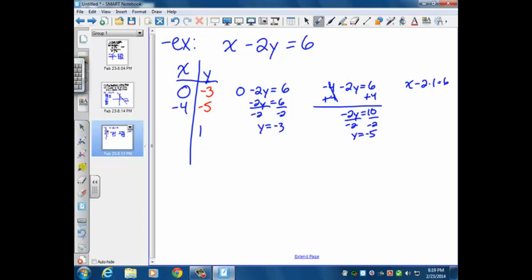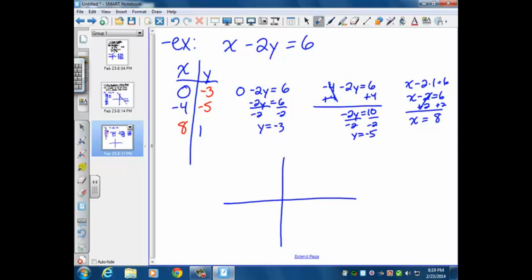Plug 1 in for y, which is x minus 2 equals 6. Add 2 to both sides, and x would equal 8. That should be enough points to come up with a pattern with a graph.